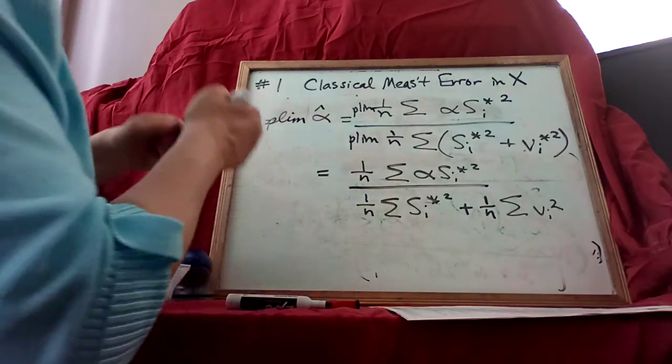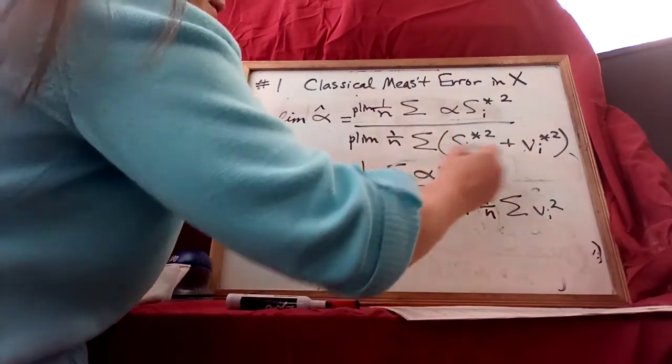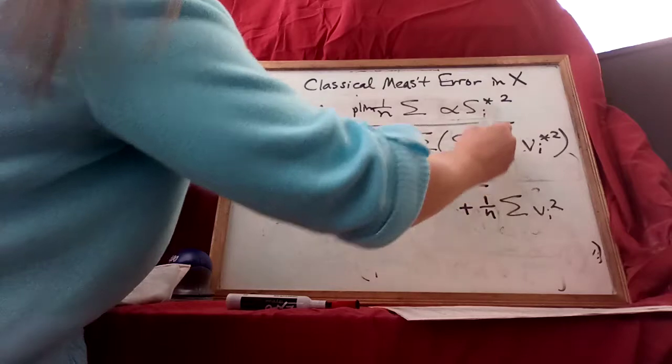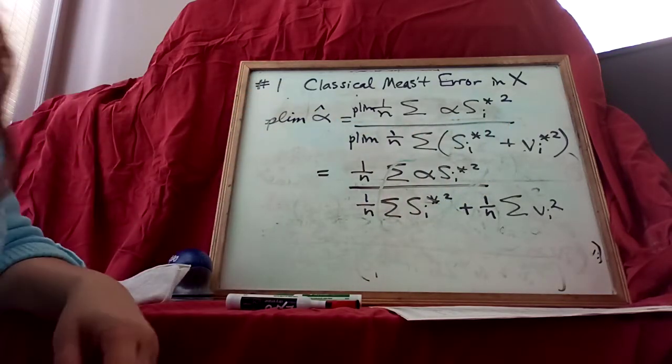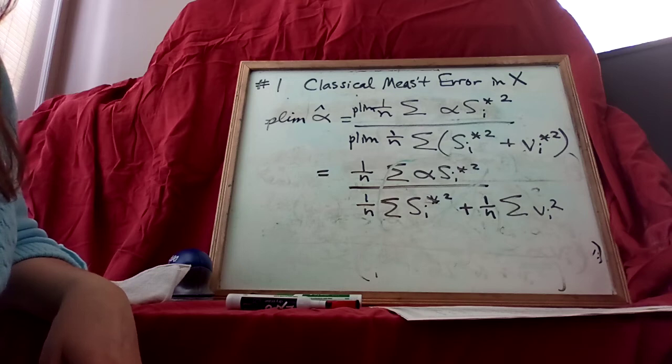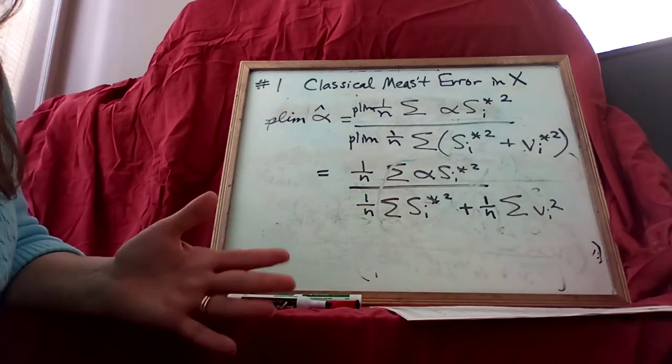Okay, what I want you to notice at this point is this right here. If that was all we had, we could clearly just cancel it out and we would have alpha. We want the p-lim of alpha hat to be alpha. That would mean that we're fine.